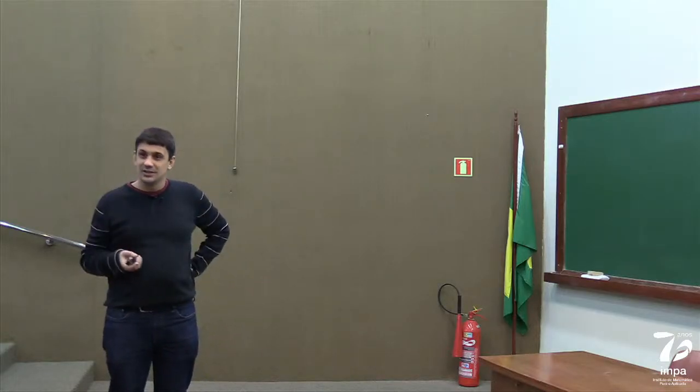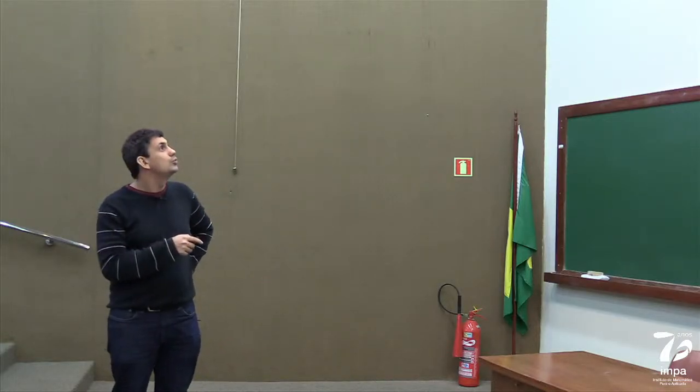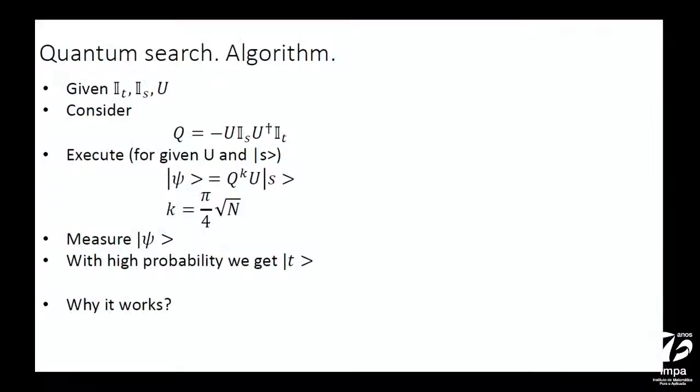But after this, what do I suggest to do? I suggest to start with S, which was all zeros. So apply U to it once again, and apply operator Q, which is now a big operator, several times. And the number of times I wrote here. We should remember that n is 2 to the power small n, but the square root of it does not always exist, I mean it is not always an integer.